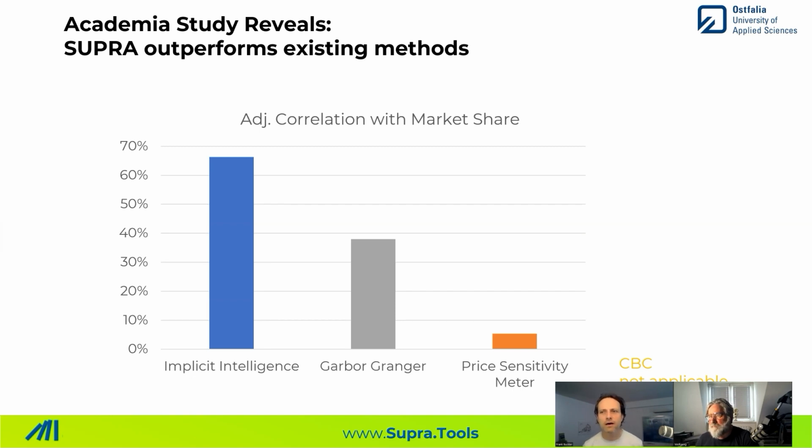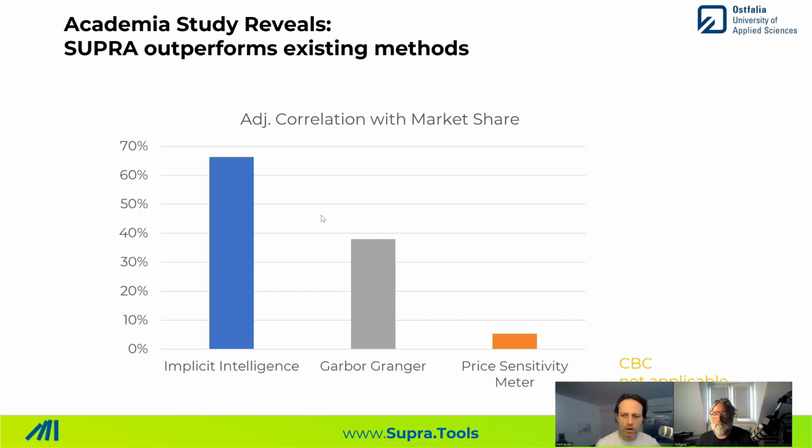Here is the result of the University of Australia, which compared the different methods and looked at whether the predicted demand correlates with the real market share of all tested products. It showed that implicit price intelligence outperformed all of them.